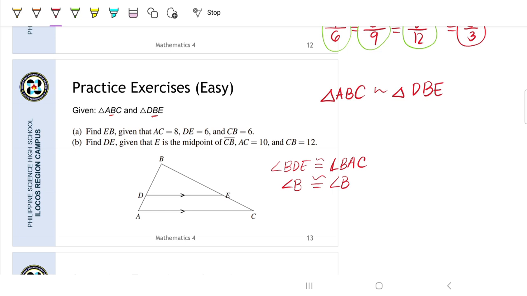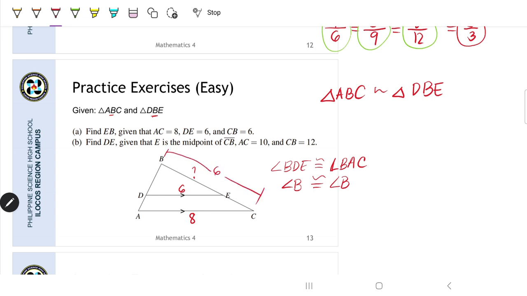So tignan natin ano yung mga proportion na mafo-form natin for item A. So find EB, so this is unknown. AC is 8, so this is 8. DE is 6. CB is 6. So this whole right here.